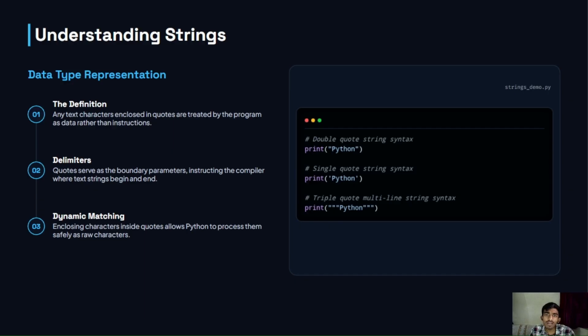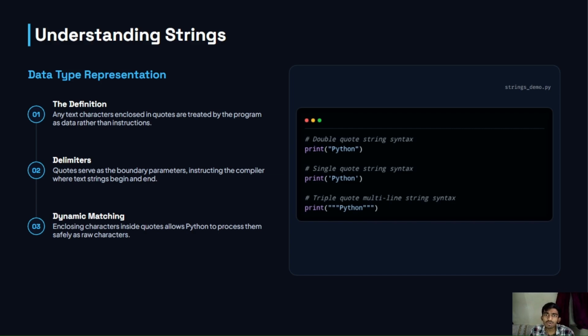Python allows us to use single, double, or even triple quotation marks for strings. When we run the programs, the output is exactly the same, no problem with the output. Whenever we use single quotes or double quotes, both are considered the same and both are used for strings.